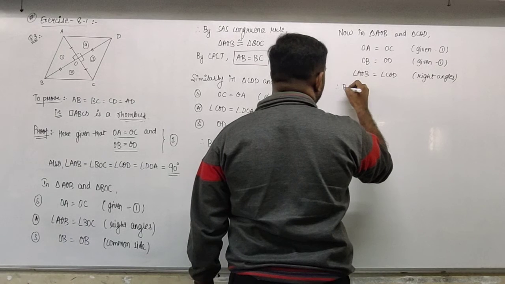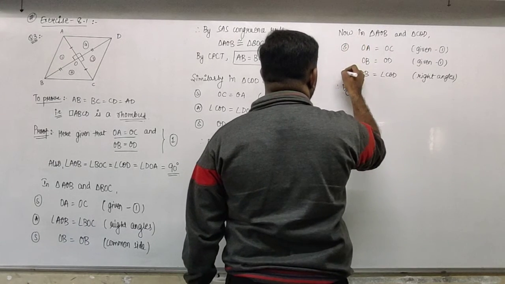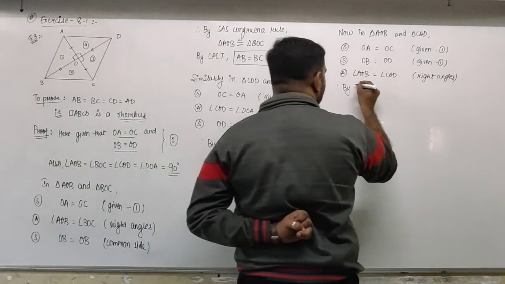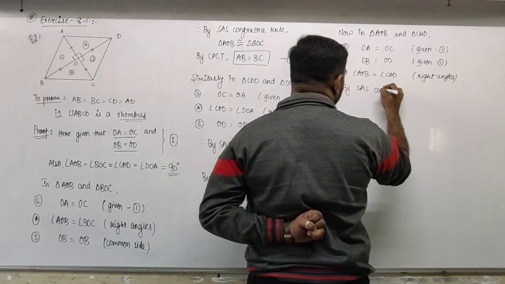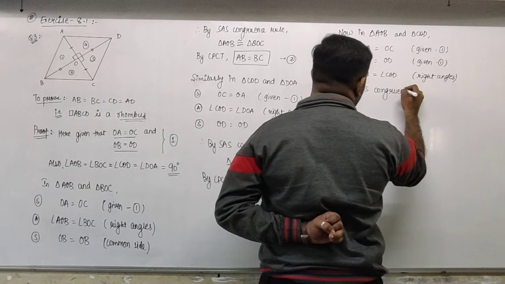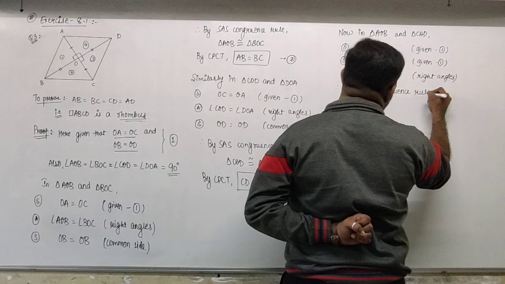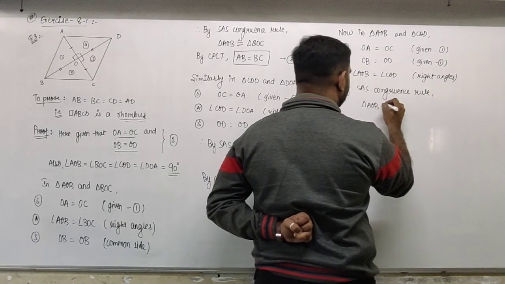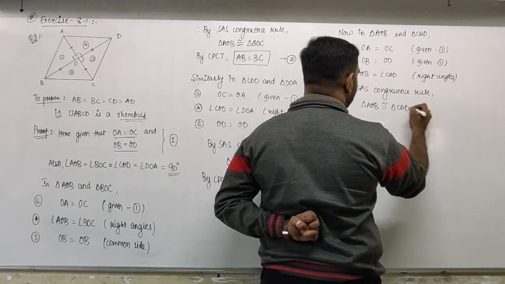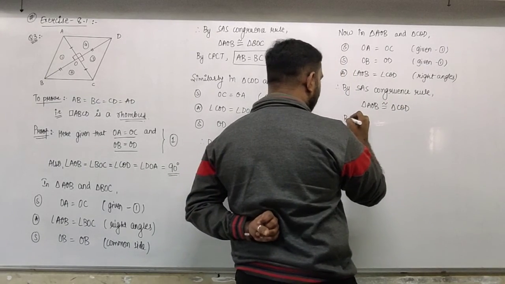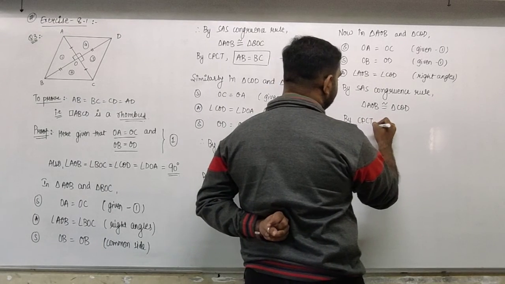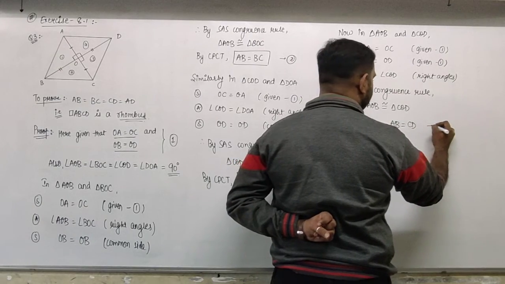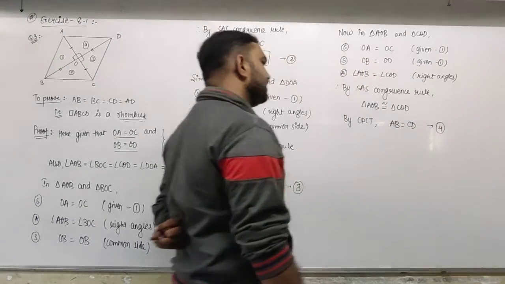Therefore by again side, angle, side, by SAS congruence rule, triangle AOB is congruent to triangle COD and hence by CPCT AB is equals to CD. That is result number 4.